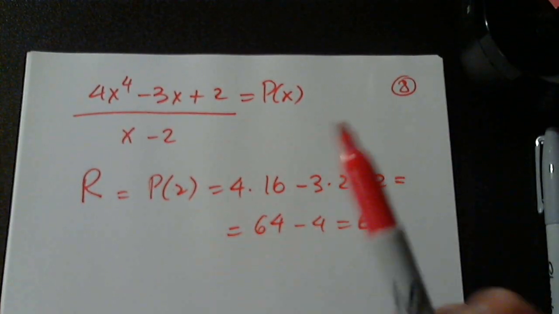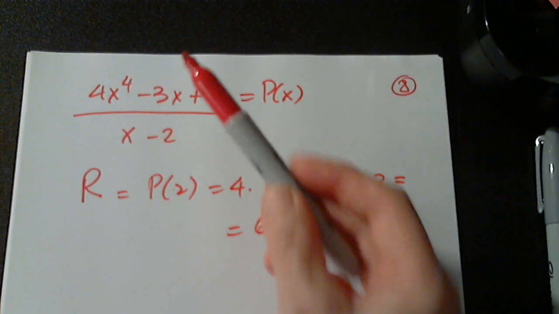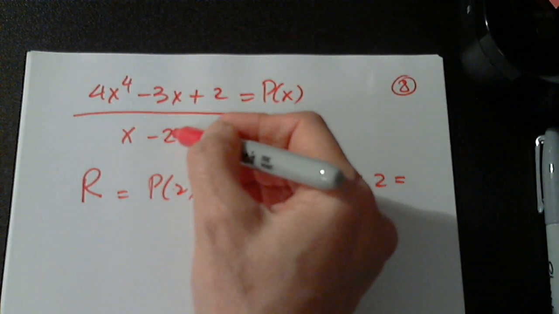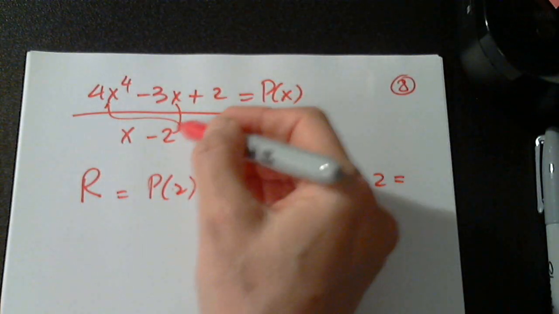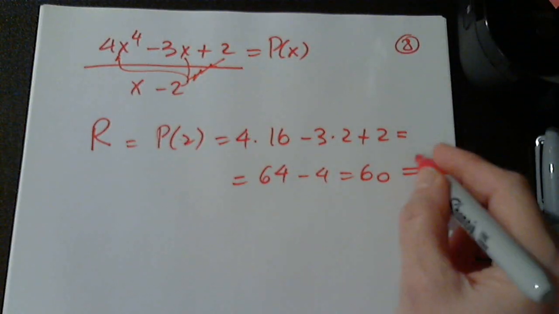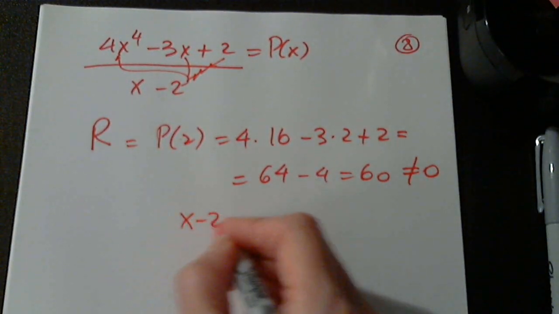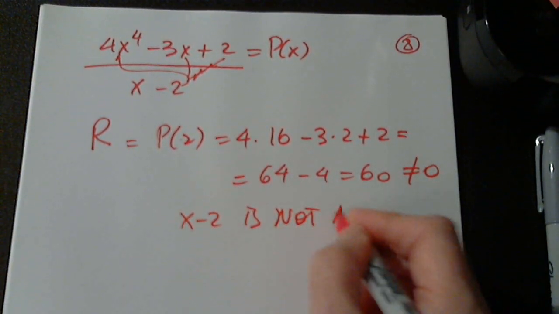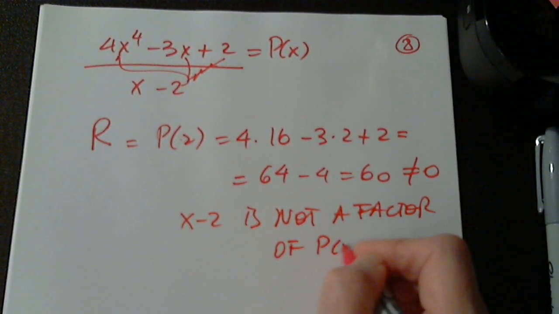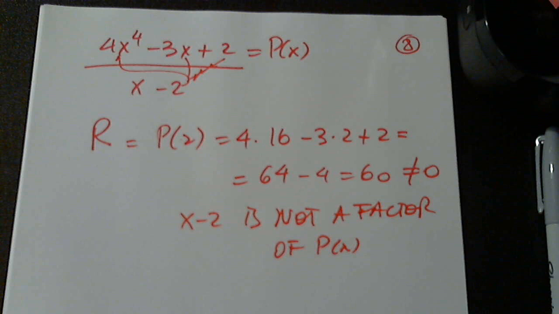So the remainder theorem says that the remainder of this division is obtained by replacing x by 2. Because this is not 0, x minus 2 is not a factor of p of x. That's all there is to these two theorems.